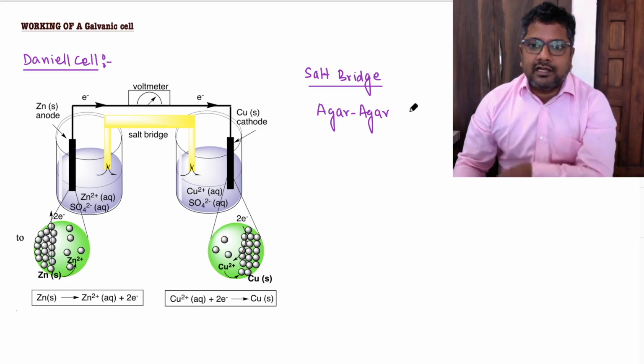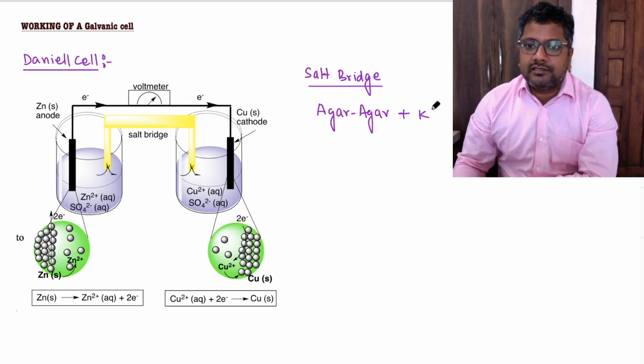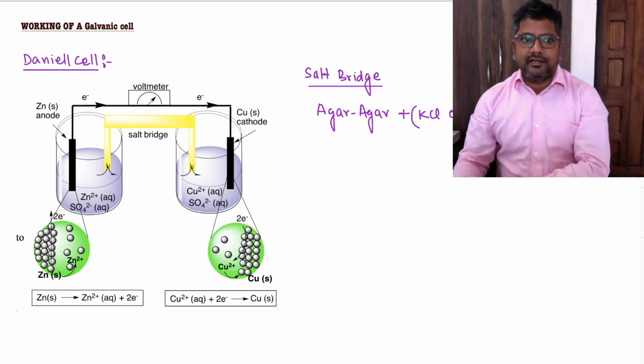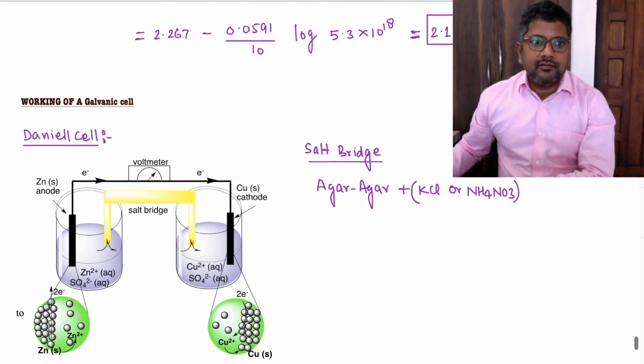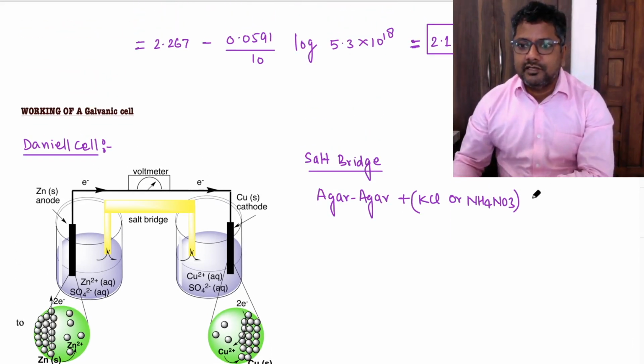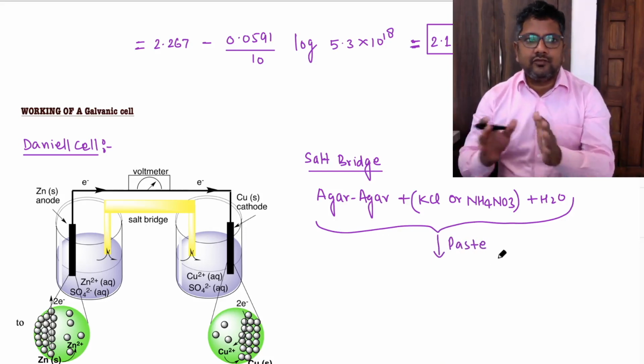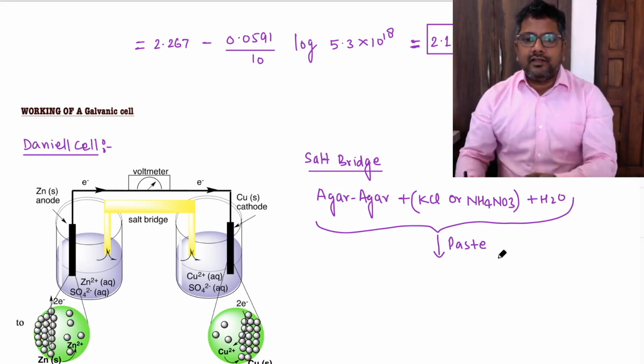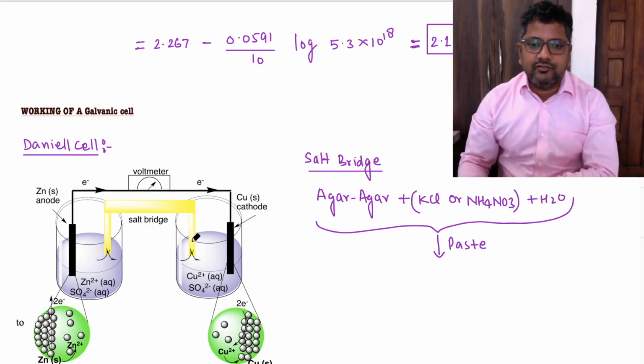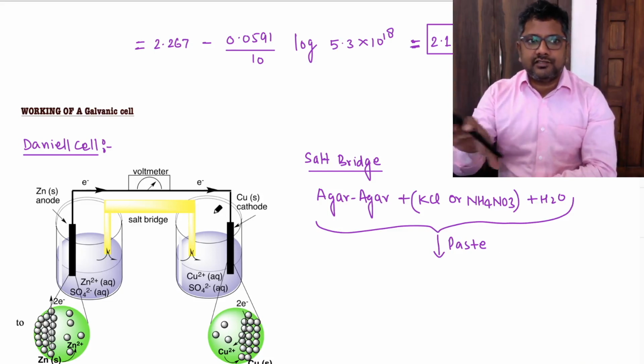So we take agar plus KCl or ammonium nitrate, dissolve in water and make a paste, right? Homogenize the whole system, make the paste and fill it in this glass tube, and freeze it with ice.